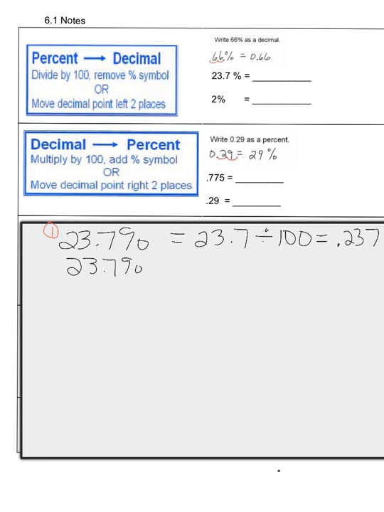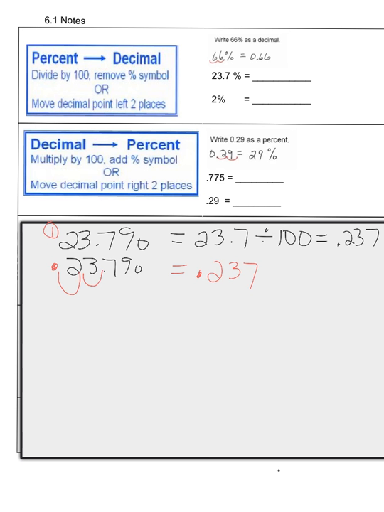And I am simply going to move my decimal place 2 to the left. So there's 1, and there's 2. So my new decimal place goes here, in front of the 2, so it's 0.237.